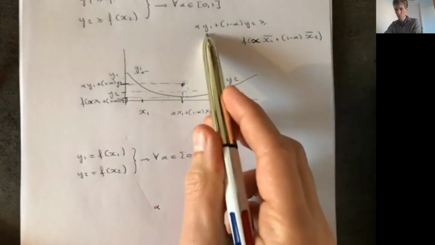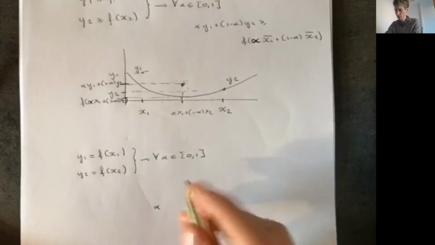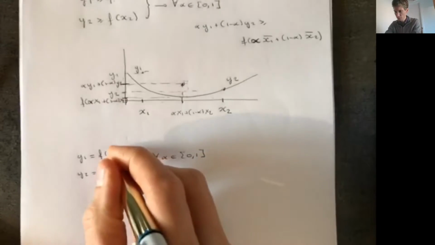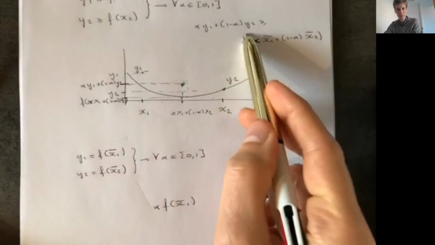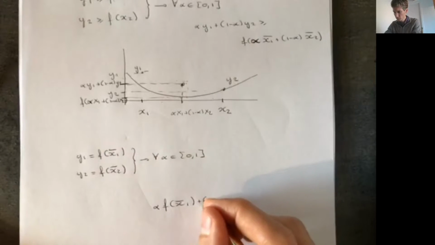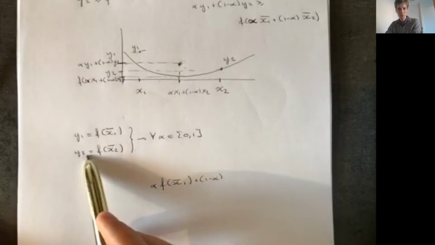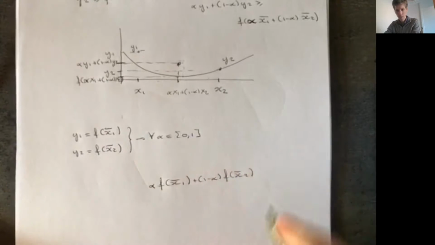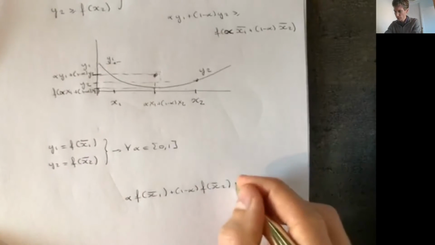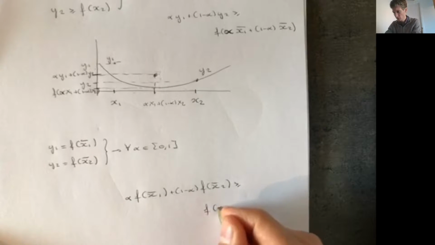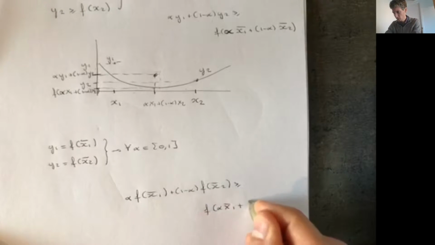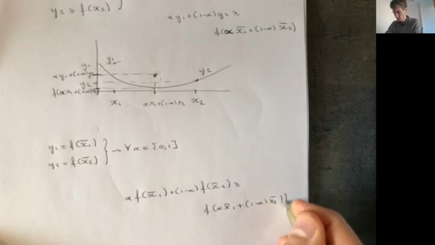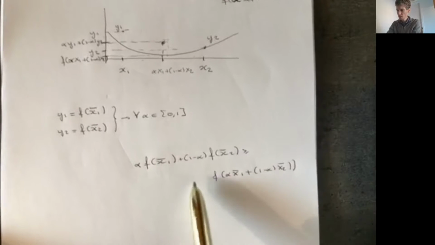We have alpha times y1, but now y1 is equal to f of x1, so we can simply write f of x1 plus 1 minus alpha y2, but y2 is equal to f of x2, so we can simply write f of x2. This is greater or equal to f of alpha x1 plus 1 minus alpha x2.